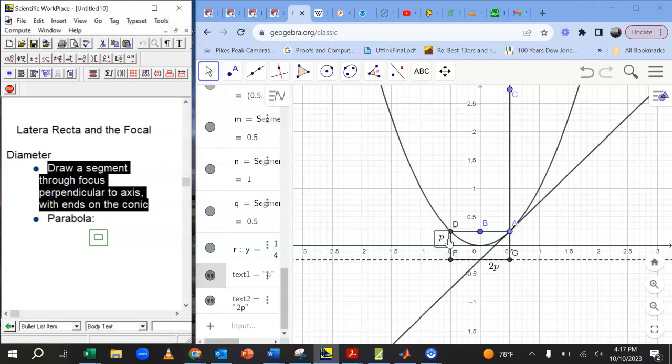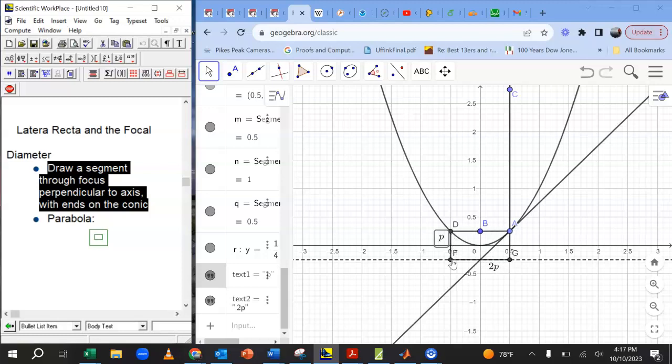Remember that P is just the distance from the vertex to B, and it's also the distance from the vertex down to the directrix. So AG is going to be 2P, and then because it's the same as AB, this is going to be 2P. So I've got the 2P marked here, but it's also AB. This is 2P.